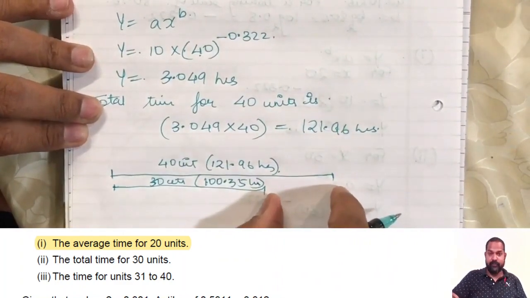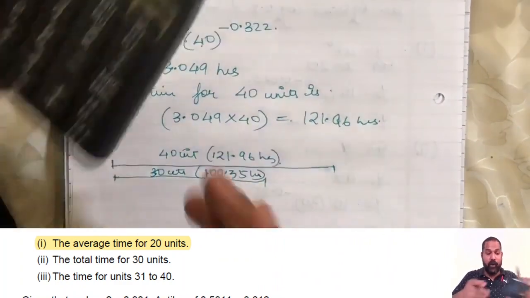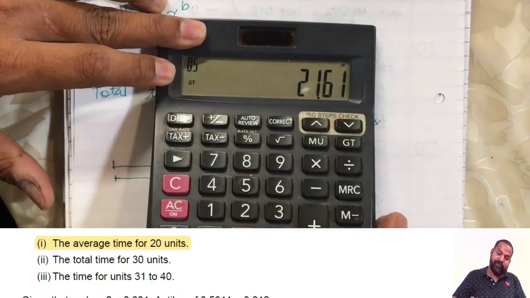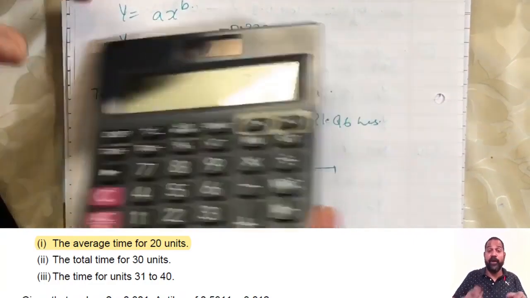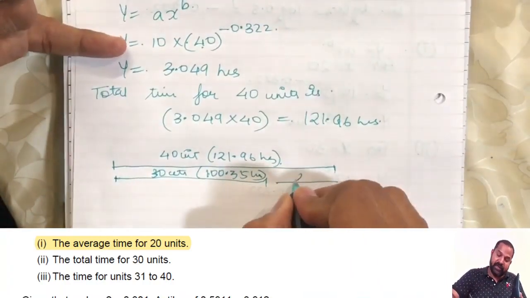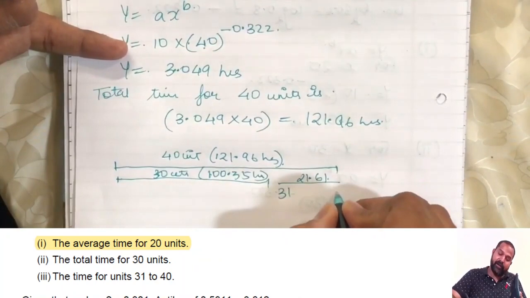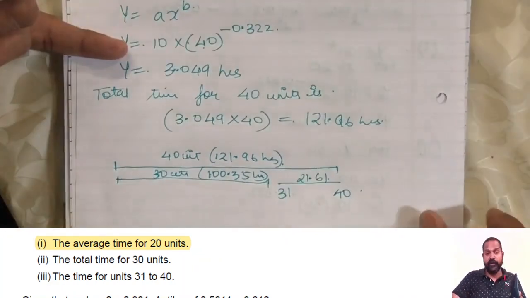Okay. Then the remaining. What is remaining? 121.96 minus 100.35, which is the 21.61 extra hours that you took, is for unit number 31 till unit number 40.